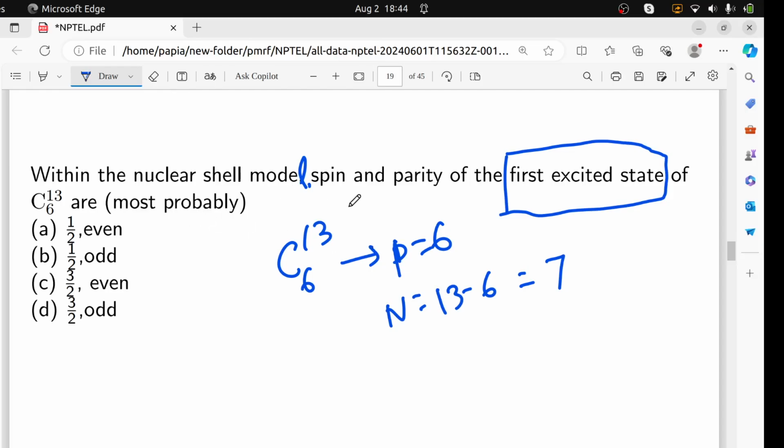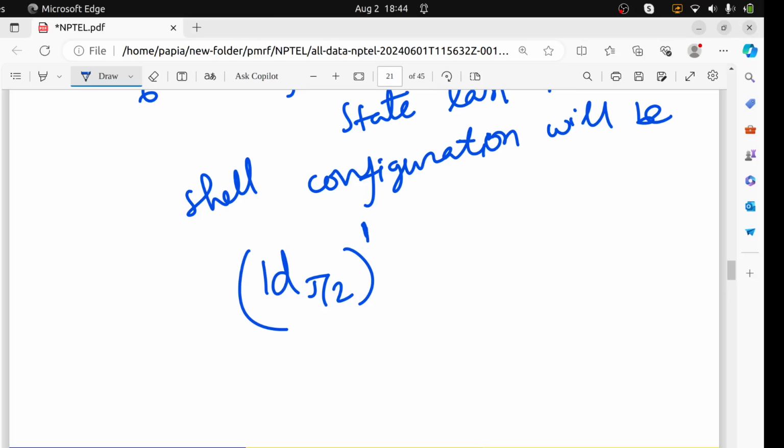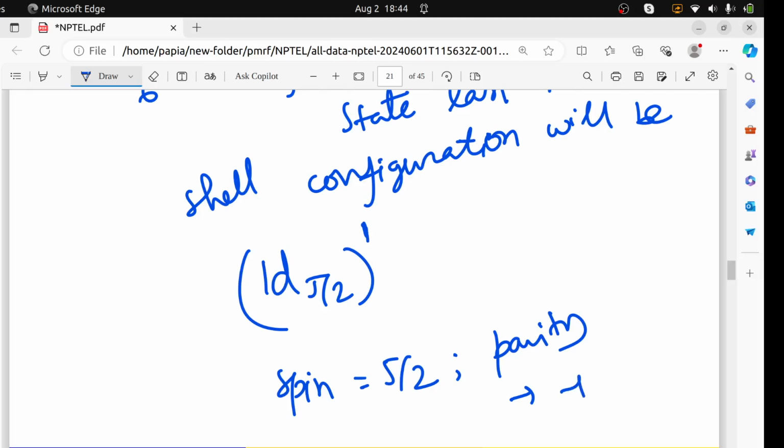Now the question was spin parity. Okay, fine, spin parity. Now obviously, as I already got the last responsible nuclear state, from that we can simply tell what the spin and parity will be. So the spin is 5/2 and the parity will be (-1) to the power L, and for D, L equals 2.